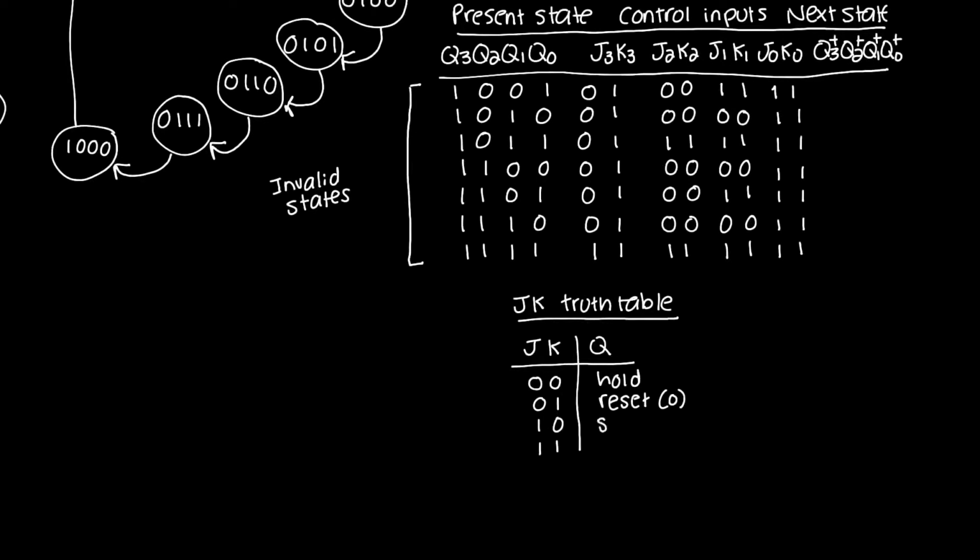This is the set condition. Q will be 1. And this is the toggle condition. Another way of saying that is that the next Q is going to be whatever the previous Q was in the hold condition. And in the toggle condition, the next state is going to be the opposite of what the previous state was. In other words, Q bar.